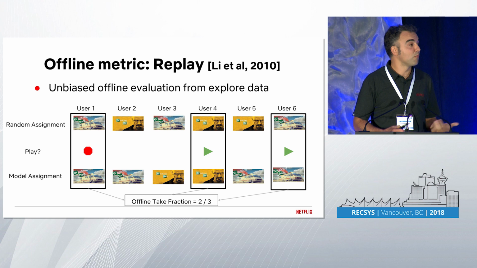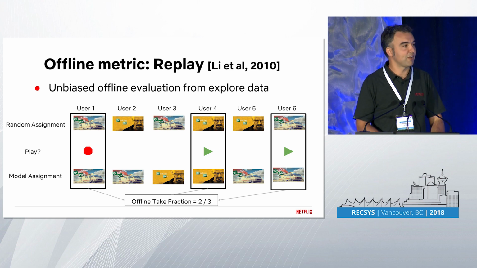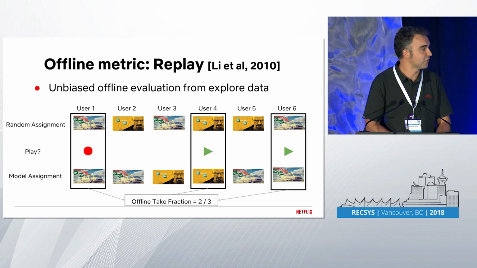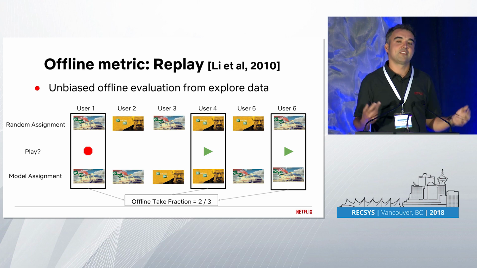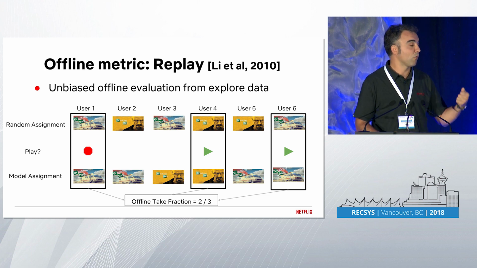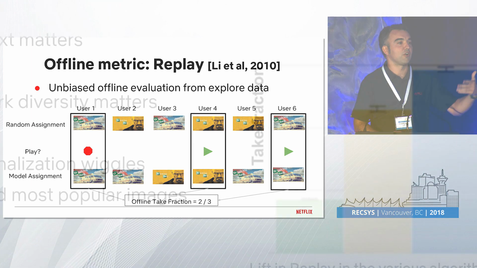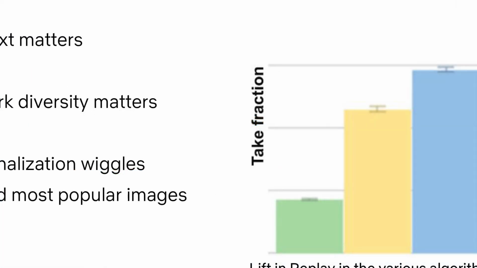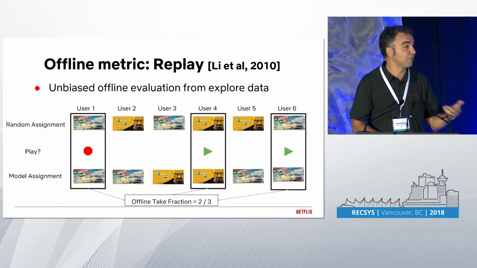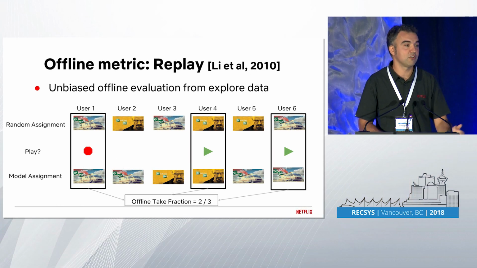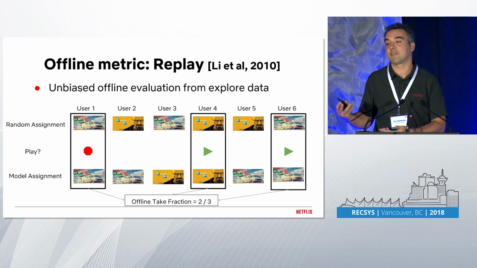And let's say now you have a new model, your latest and fanciest model with features. You can replay, which is where the name comes from, in your historical data what that model would have done if it was in production. And then you can compare. And of course, if the model suggested a different image than the one that was actually served, you cannot say anything, because you don't know what would have happened.